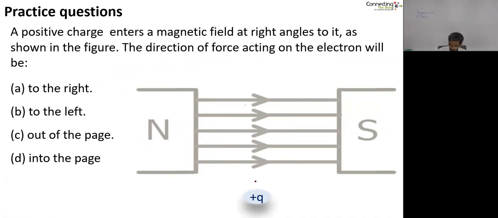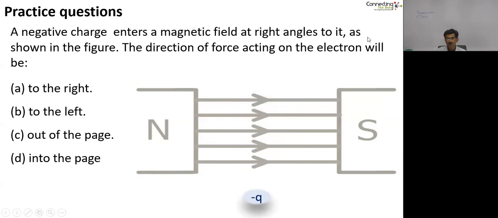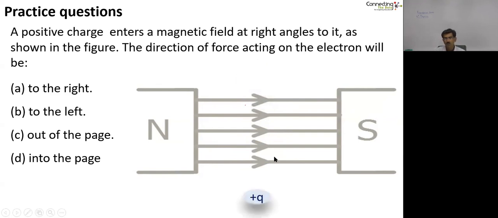And the positive charge moves at right angles to the magnetic field in that way, right? What is the direction of the force acting on the electric charge? What is the direction of the force?